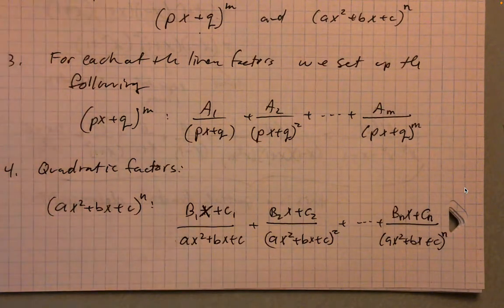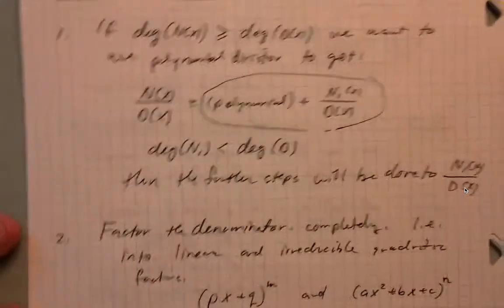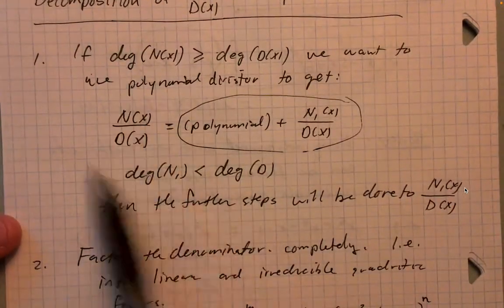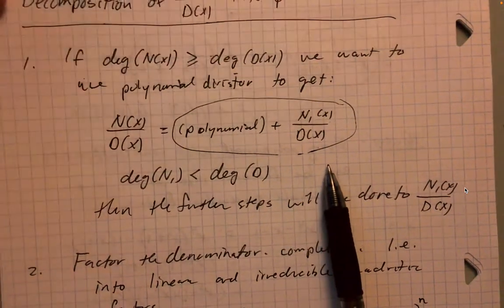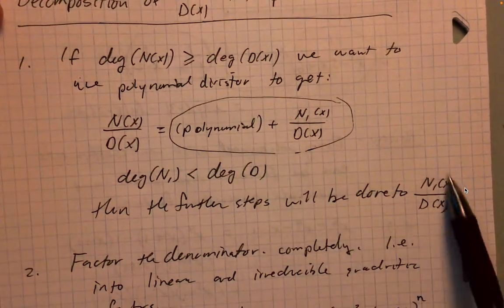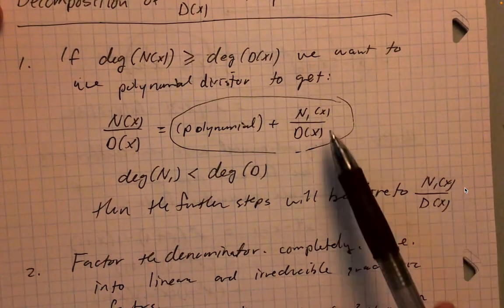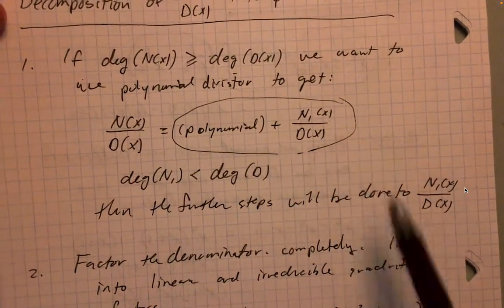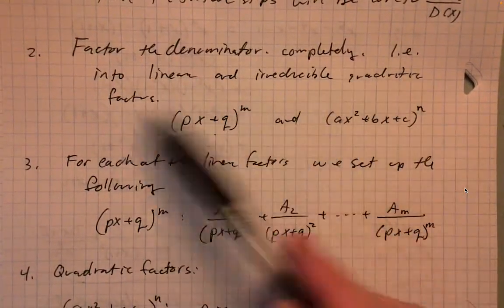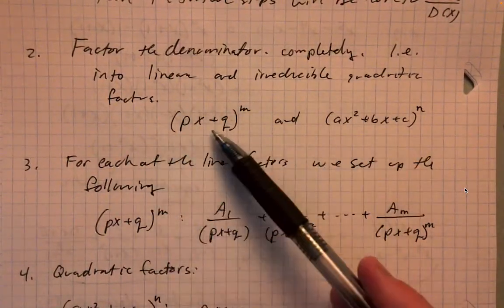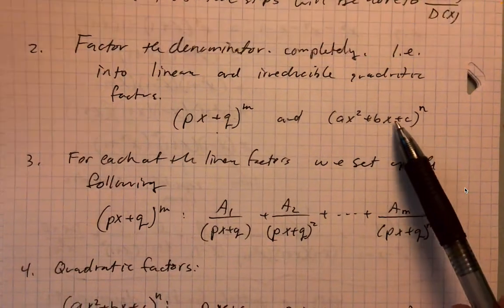Okay, so that's the setup. So these are the steps. You start by doing the division if you need it. If you don't need it, you can skip this step. If you did do the division, then the further steps will be applied to the term that contains the remainder of the division. Then you want to factor the denominator completely. You've got to figure out what the linear factors are and the quadratic factors, if there are any.